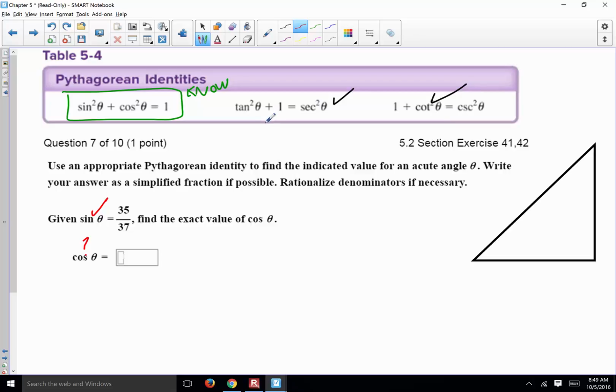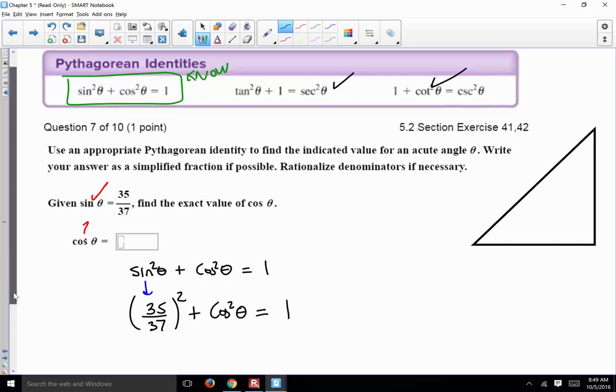Which one? First one, of course. Write it down first. Sine squared theta plus cosine squared theta equals 1. Do we know sine? Yes, we do. Substitute that, but under a square, because this is sine squared, so it's 35 over 37 squared plus cosine squared theta equals 1.